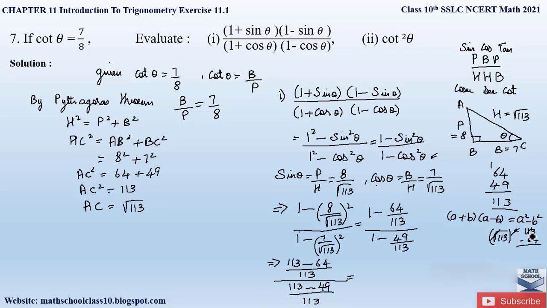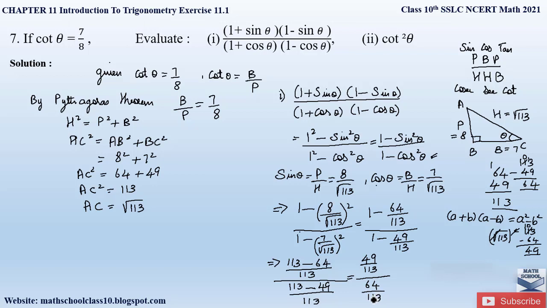Borrowing, 13 minus 4 will be 9, so this is 10, and 10 minus 6 will be 4. So it is 49 divided by 113. Similarly, in the denominator, we have 113 minus 49. So again, borrowing, 13 minus 9 is 4, so this will be 0, and 10 minus 4 will be 6. So it is 64 divided by 113.